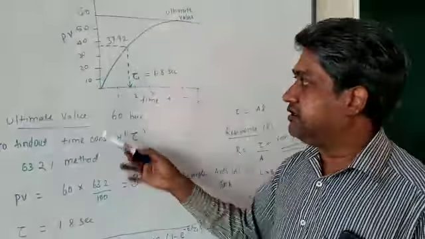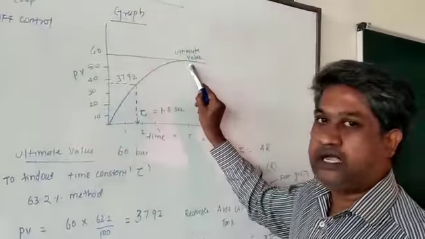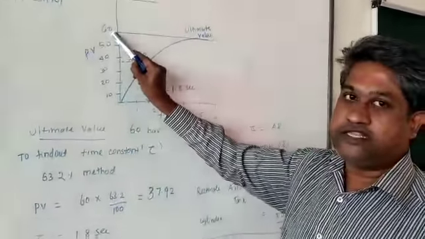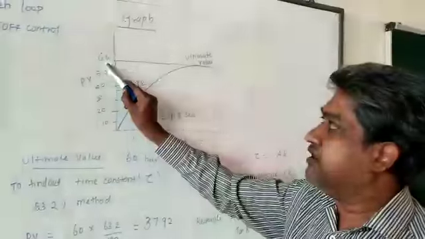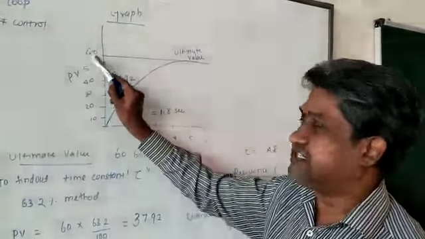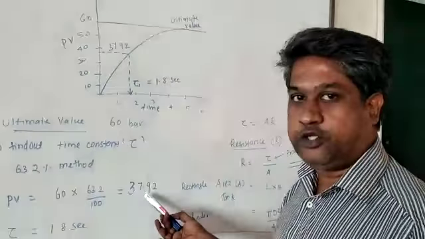You have to plot the graph, and the maximum value is called the ultimate value. For example, here your ultimate value is, let us say, 60 bar. First you find the 63.2% of 60 bar, which gives you 37.92.